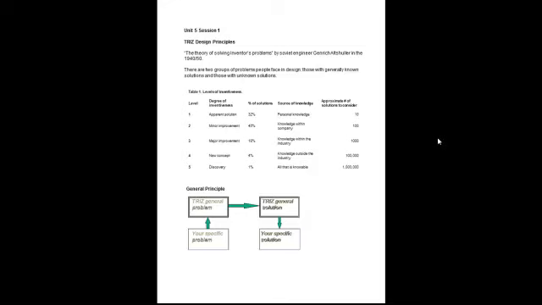You can hear echoes here of QFD. If you remember, QFD in the roof of the diagram identifies design conflicts. So there's some understanding here that what we need to produce, what the customer requires, some of those requirements will be in conflict, and that's recognized here.